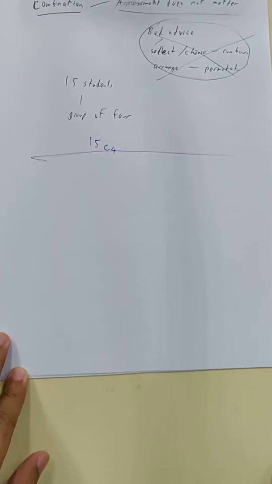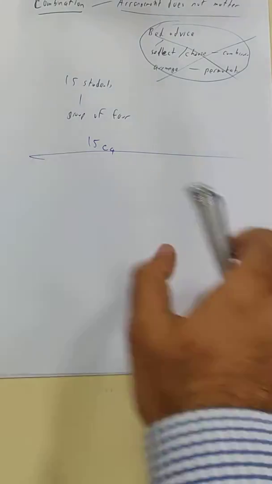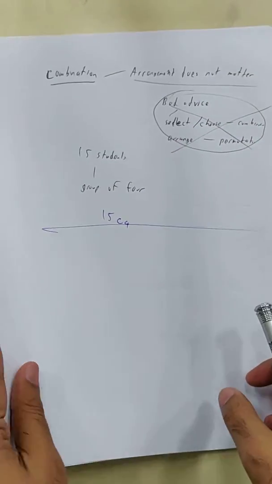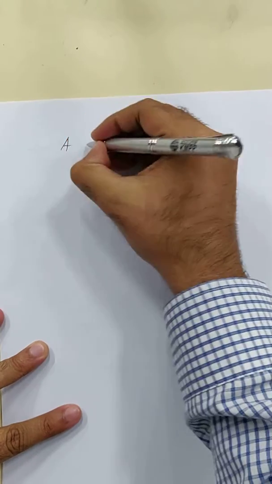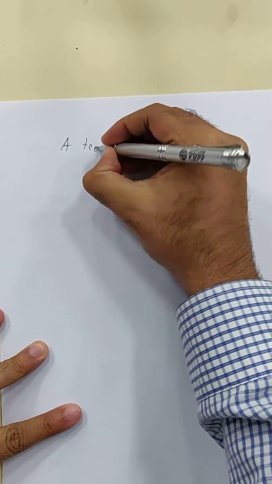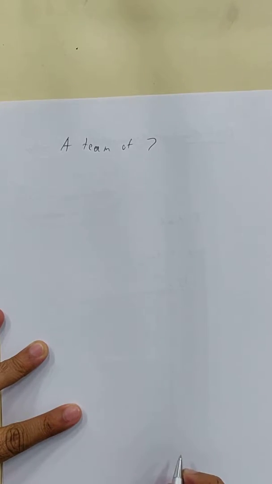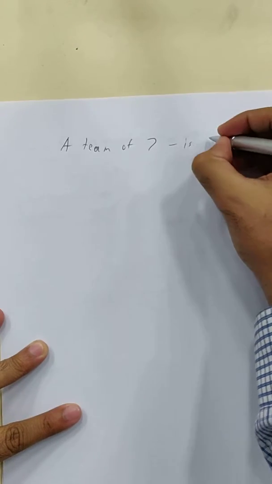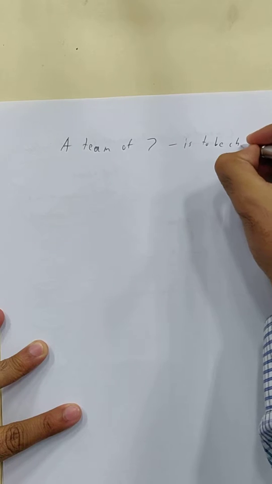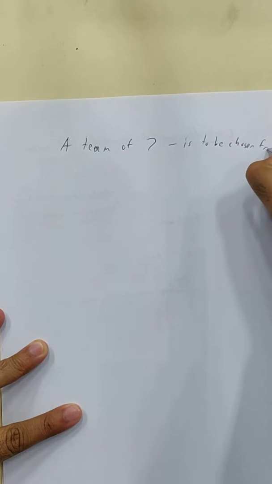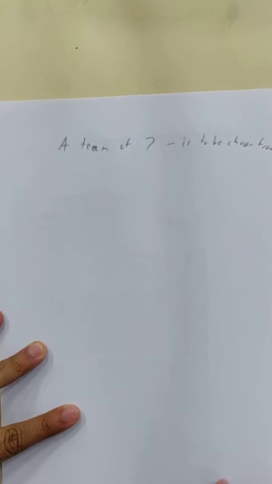Okay, this is a bit tough. A team of 7 is to be chosen from 12. So what does it mean?